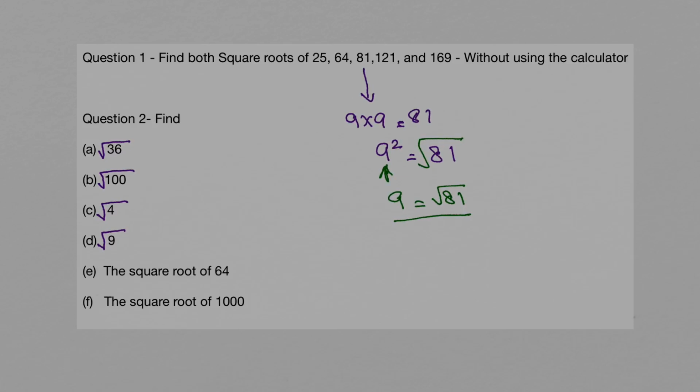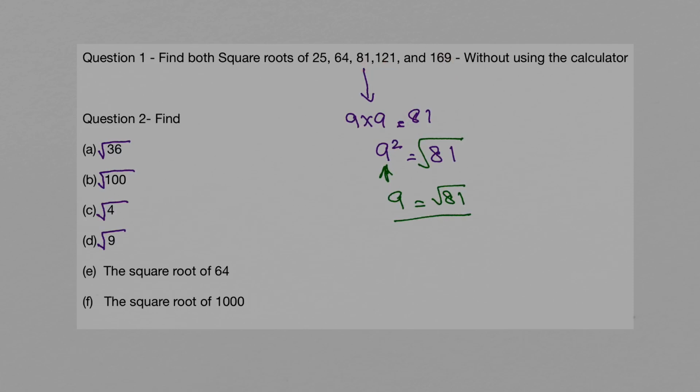So please do question number 1 and 2 by yourself, and when you are done with it, we will move to the next one. We have now done the square roots of 25, 64, 81, 121 and 169.